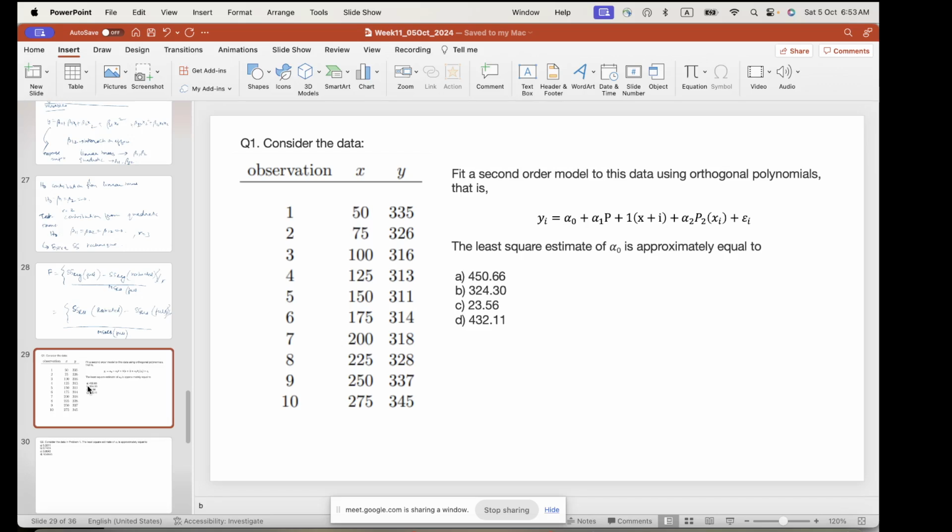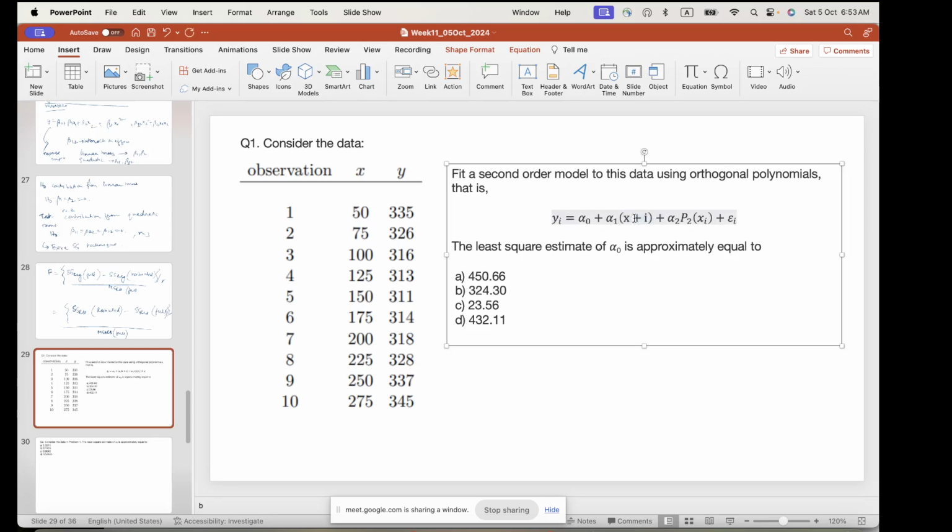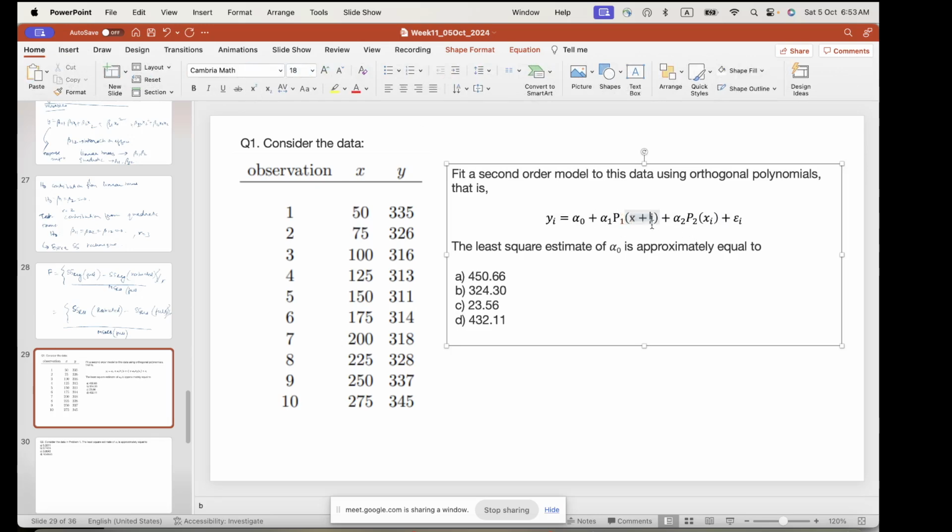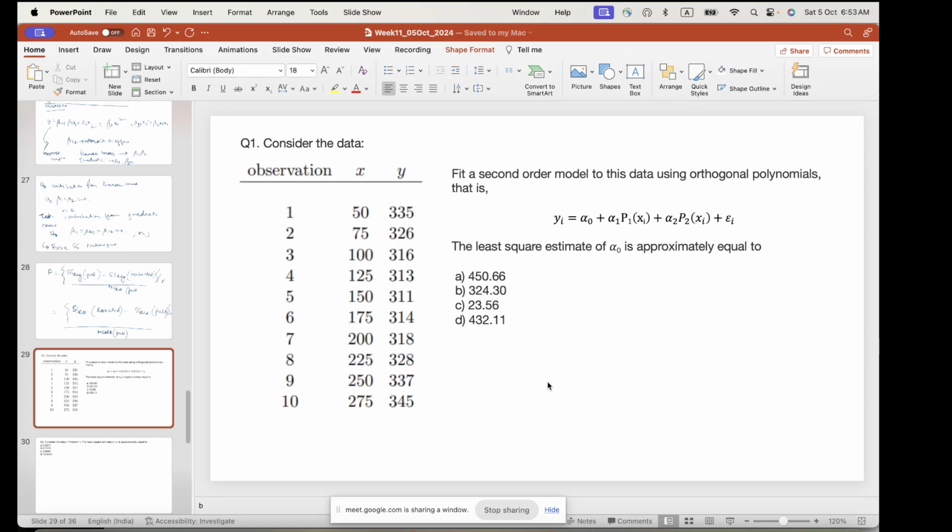So in the first question we have this data, observations x and y, and we have been asked to fit a second order model using the orthogonal polynomials.